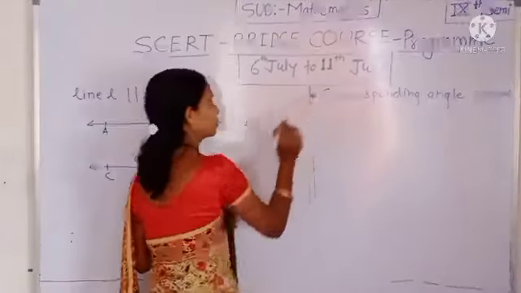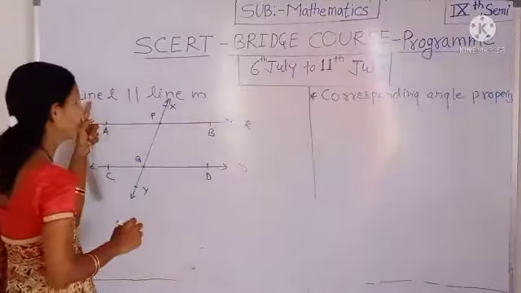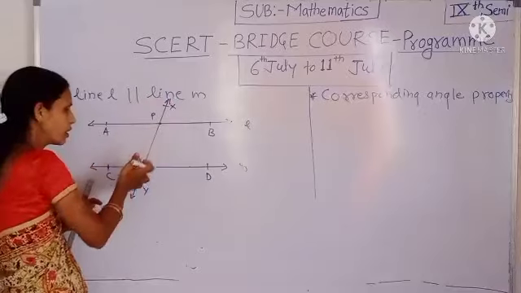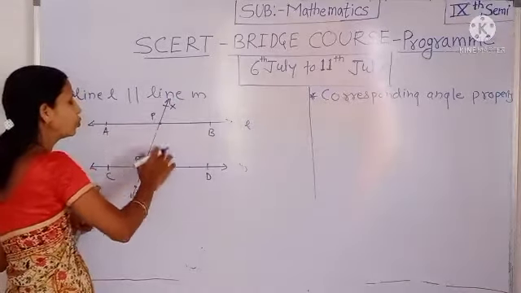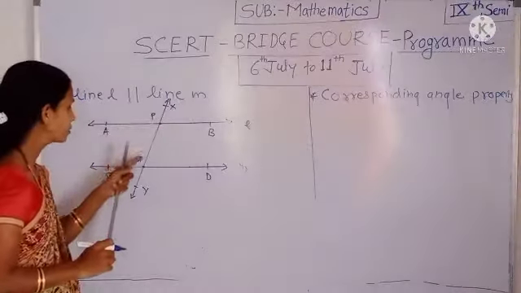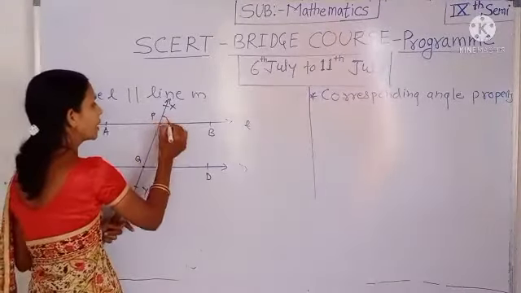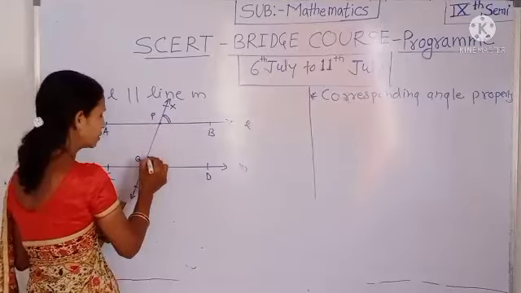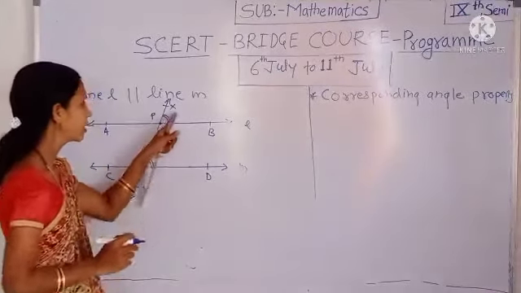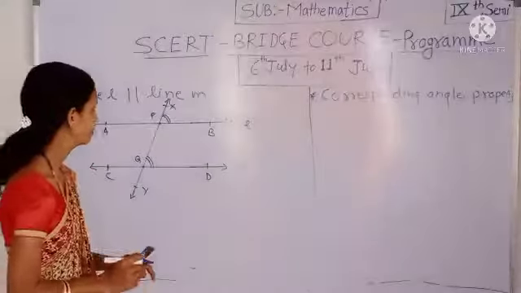When a transversal intersects two different parallel lines at two distinct points, the corresponding angles formed are congruent.